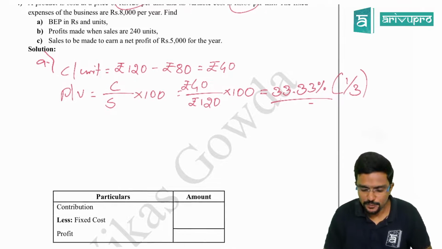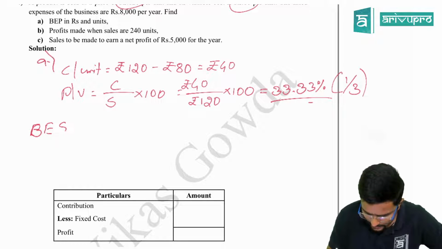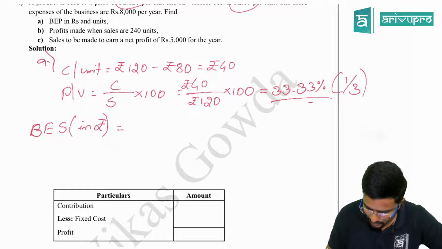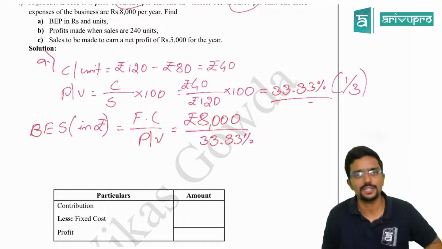Okay, let me continue. First, I will calculate break-even sales in rupees. You can calculate any one thing. Break-even sales is equal to fixed cost by PV ratio. Fixed cost is 8,000, given in the question, divided by PV ratio 33.33%, or else you can take 1 by 3 also.